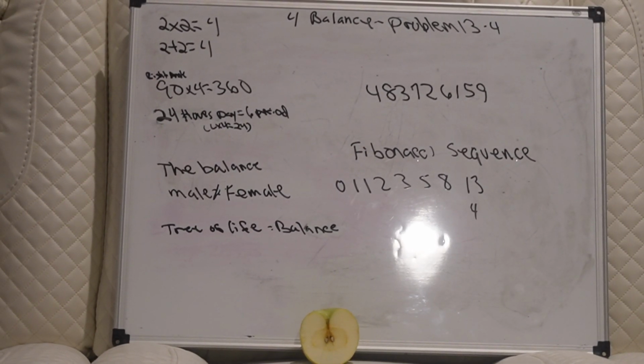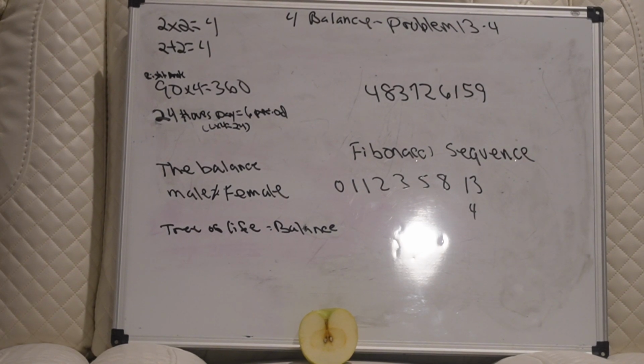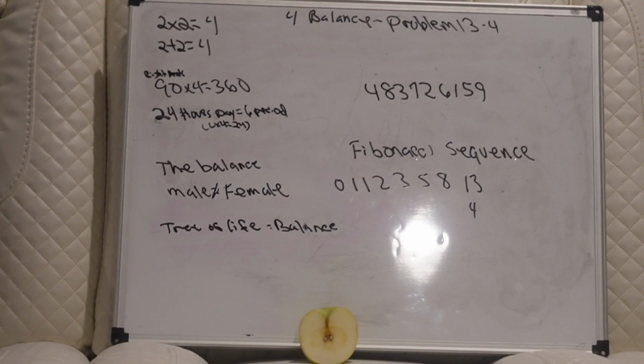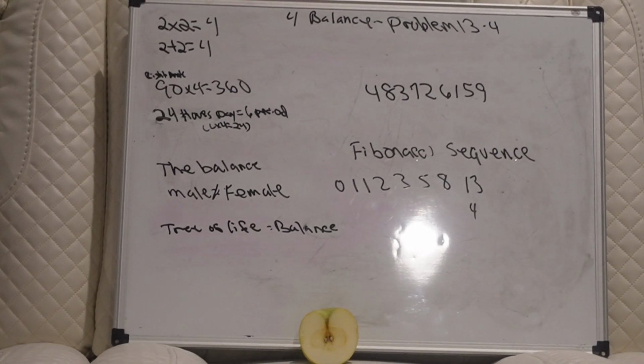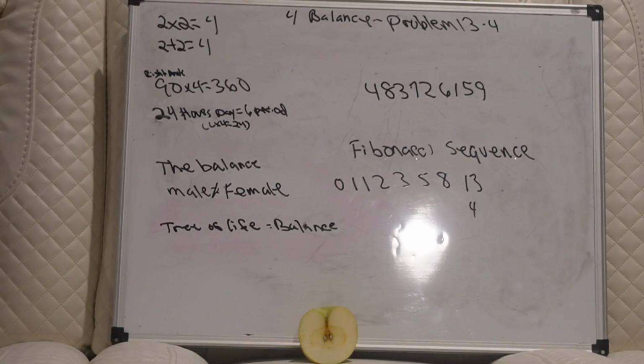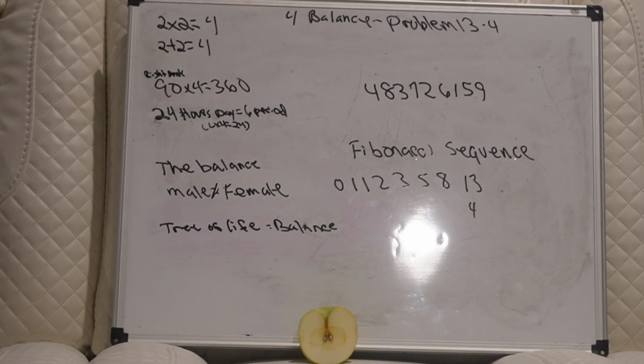The reason why 13 appears is because 8 is the present result. It looks at the past result and it produces a new result. It goes on into infinity. It never stops. It always creates a new number.